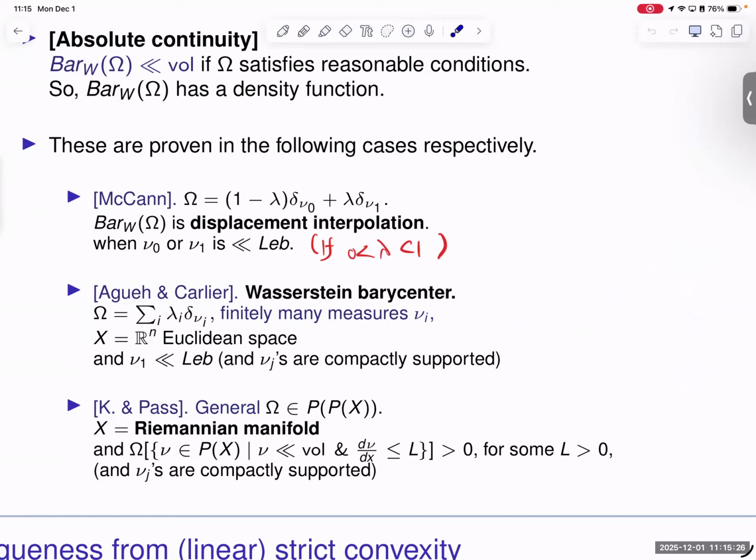In general, this K-means is not necessarily unique. I'm not sure whether the Wasserstein K-means is unique or not under similar assumptions. That I don't know, but certainly you can consider such a notion of K-means with respect to Wasserstein distance.